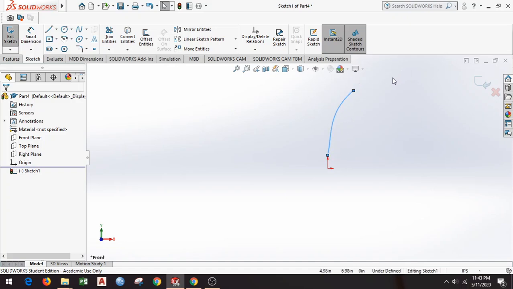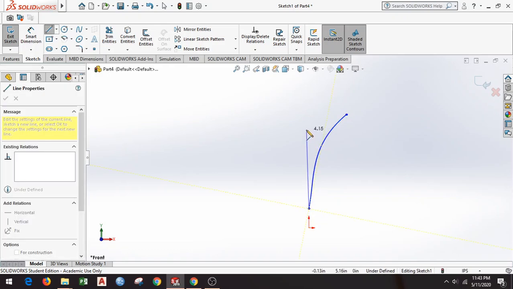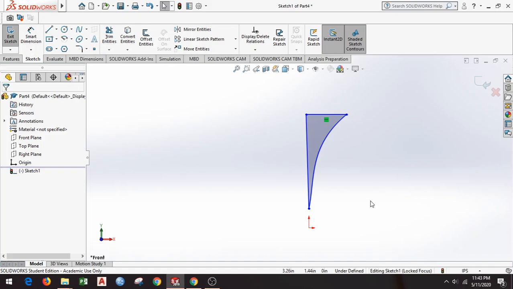Right? Next, what we need to do is create a vertical line so that we can rotate this curve around that vertical line. So vertical line I created here, and a horizontal line. Okay, so we want to revolve this curve around this vertical axis.